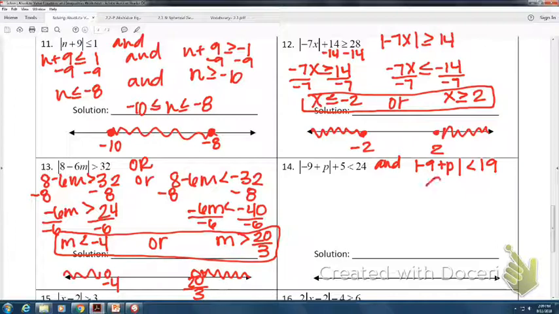Write my two equations, which are, okay, and then my other one. Very good. Take a second and solve both of those.